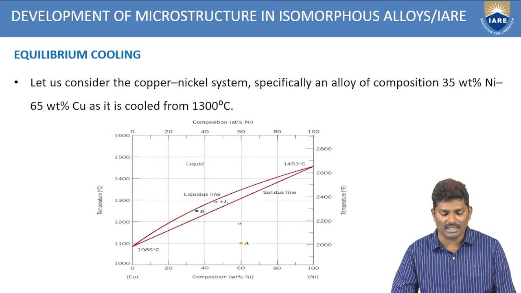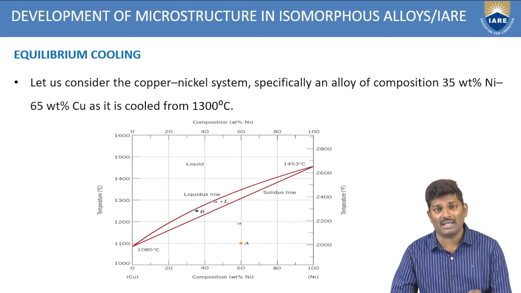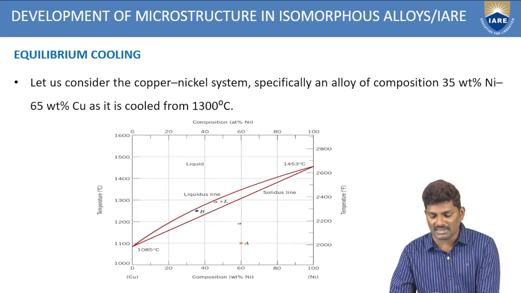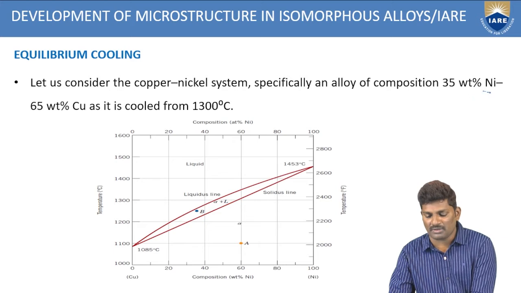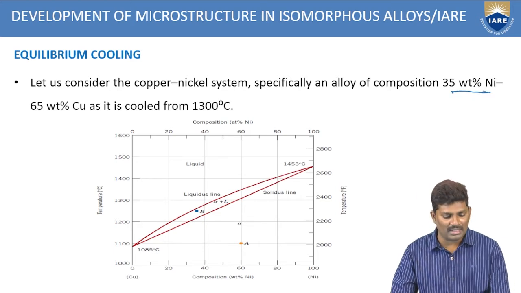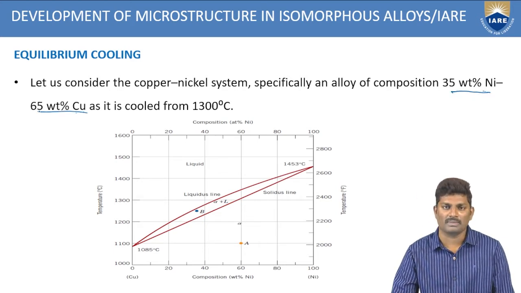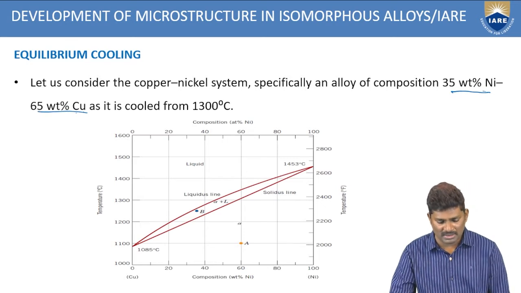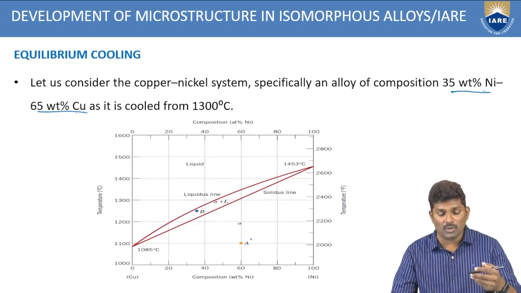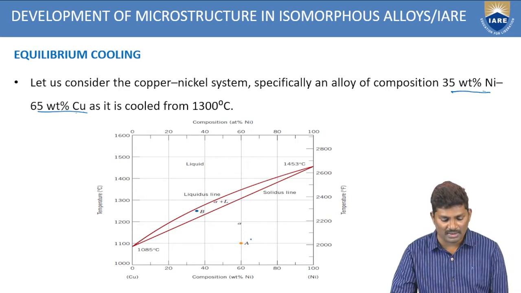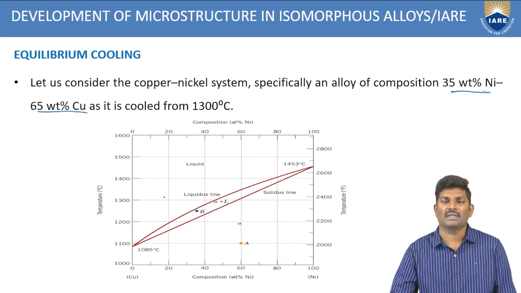We are considering an alloy composition of 35% nickel and 65% copper. This has to be cooled from 1300 degrees centigrade, because that is the melting temperature at that point.